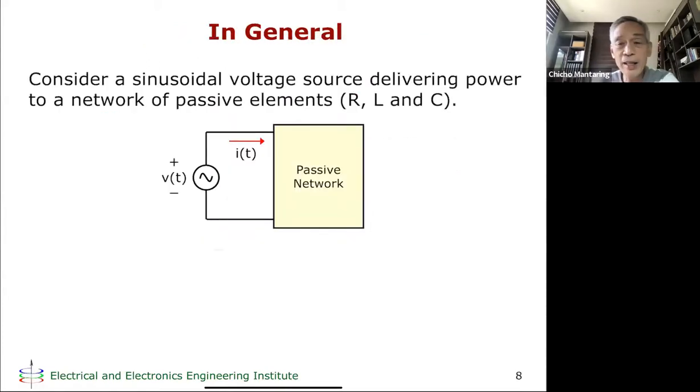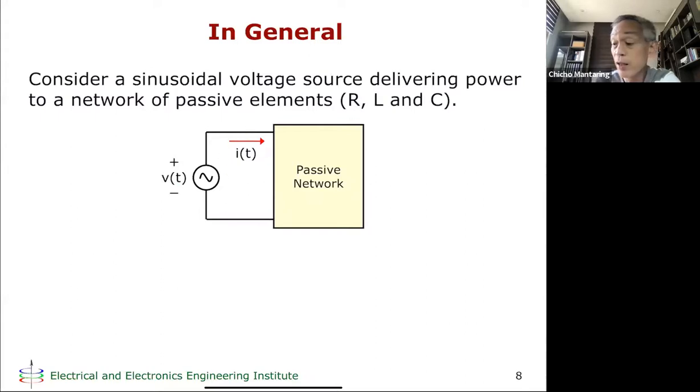Okay, let's consider the general case. Assume that this is a passive network. That passive network is composed of resistances, inductances, and capacitances. If I apply a sinusoidal voltage, I expect a sinusoidal current to flow.